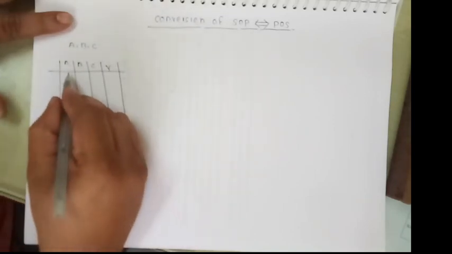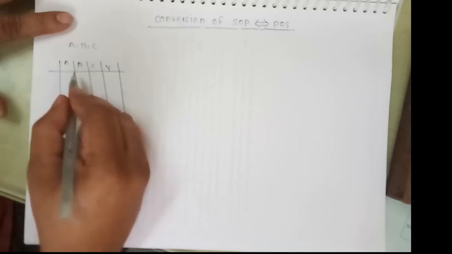These variables are also called literals, or inputs. To draw the truth table, we need to write the input values and the corresponding output value. So we write all possible cases of the input. Suppose A is 0, B is 0, C is also 0. This is one combination. Another combination is 0, 0, 1.